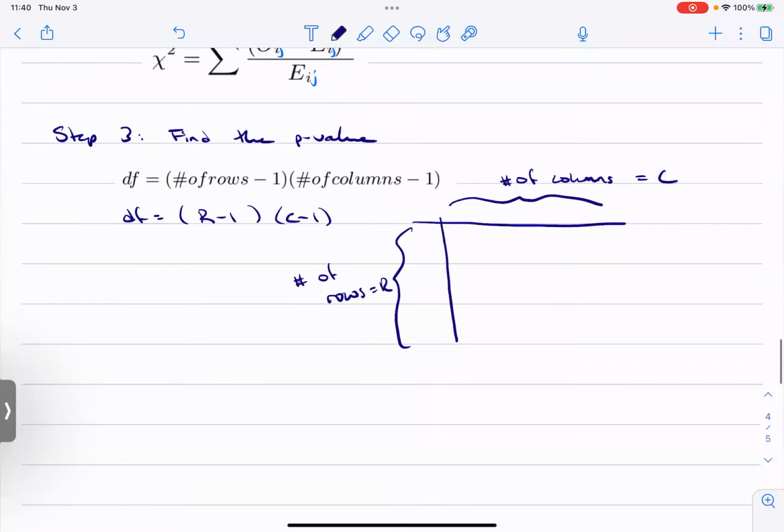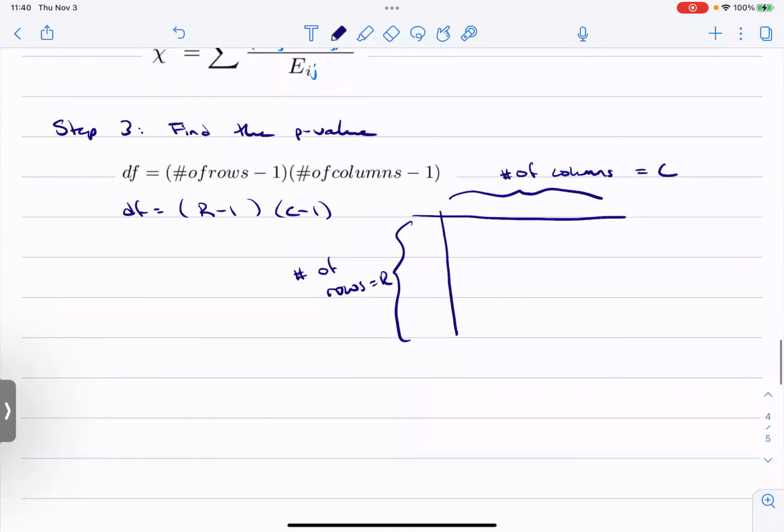But from here, then we can use the chi-squared table as before. So the change is really how we find the expected counts, well, not even how we calculate the chi-squared.